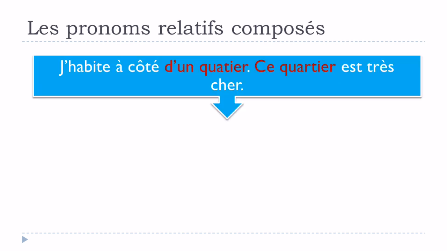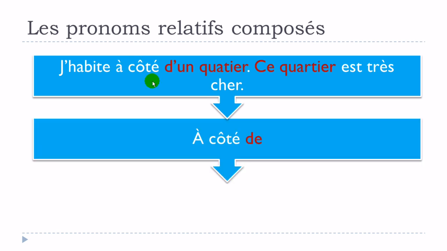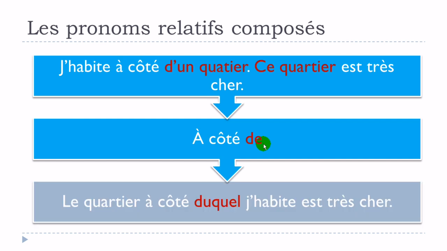Now if we have the same situation but with the masculine singular form, j'habite à côté d'un quartier, and then ce quartier est très cher. Same situation, two sentences, we want only one, we don't want to repeat quartier, and then we notice that we've got this à côté de, so we've got the preposition de. In that case, of course, it will change because we've got this masculine singular form.